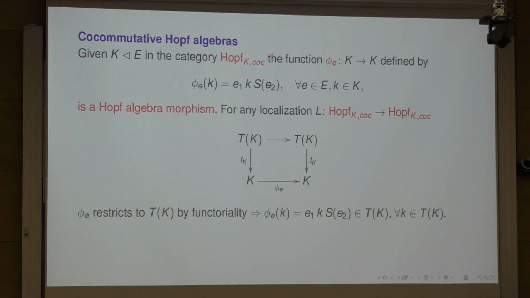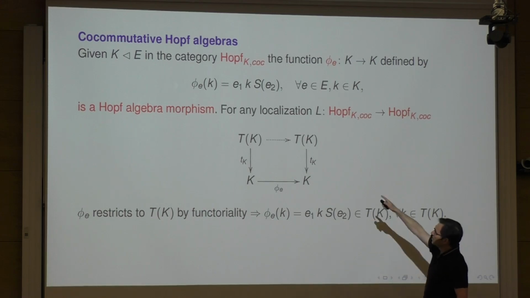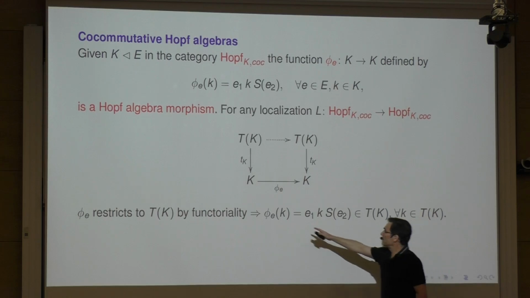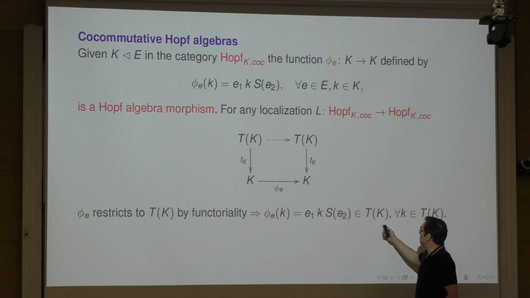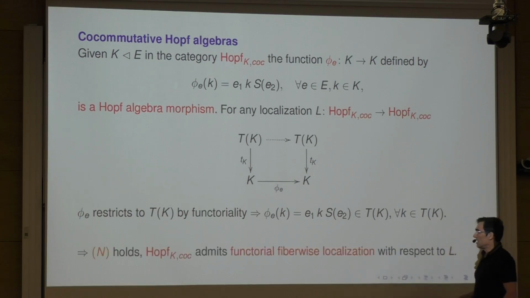But this is not only a function, it is a Hopf algebra morphism. So by functoriality of the localization, actually phi_E restricts to Tk. And this means that if you take k in T(K), then this element will be again in Tk. And so the property N holds.